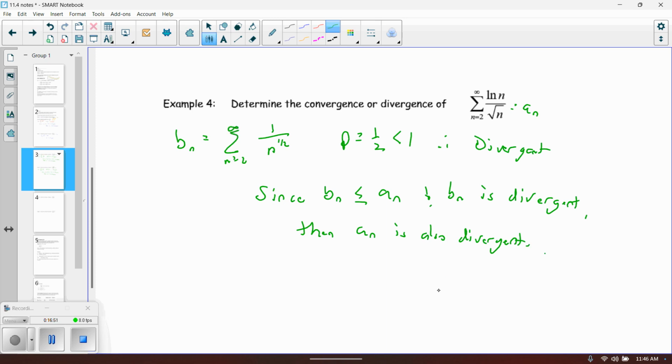Now, some of you may have looked at this problem and said, that's not going to be true for every possible value, and you would be correct. As a matter of fact, this doesn't actually happen unless n is bigger than e, which means basically n would have to start at 3. At 2, it's not actually going to be a true statement, but from 3 on, it will be.